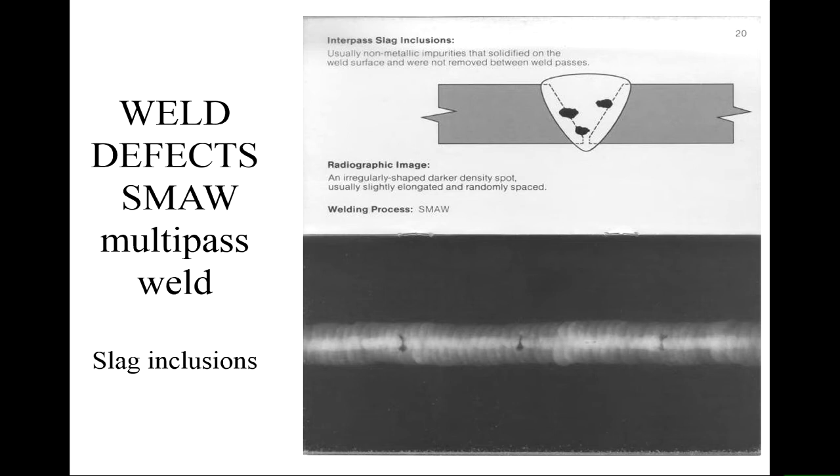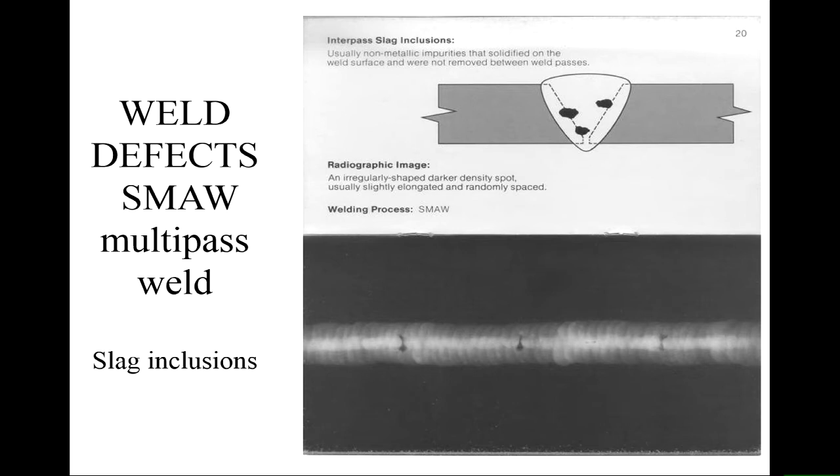Yes, shielded metal arc. There are four main reasons for which weld defects appear, and probably the first and most important one is improper welding technique, which can be poor: a welder that is not experienced enough, or the parameters used in the weld are not appropriate.